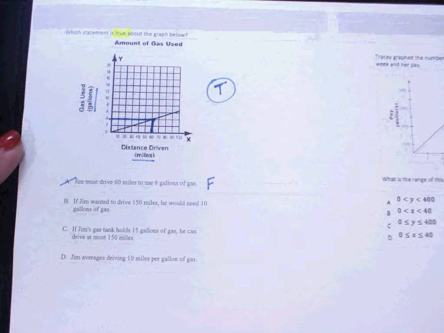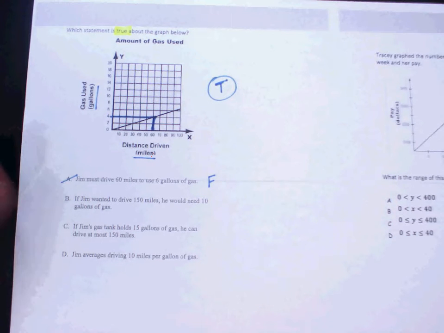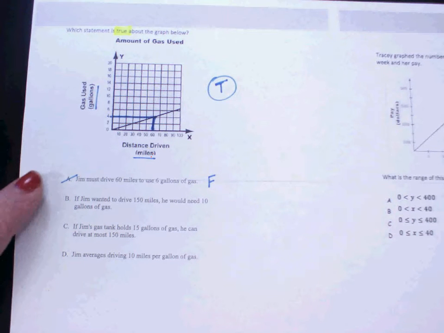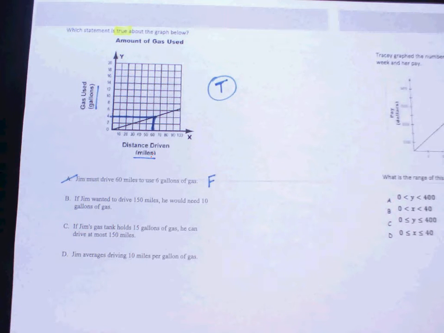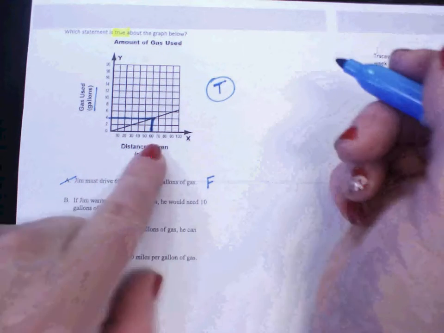All right, next one. If Jim wanted to drive 150 miles, he would need 10 gallons of gas. How do we figure that one out? You did a table. I would do the unit rate, right?